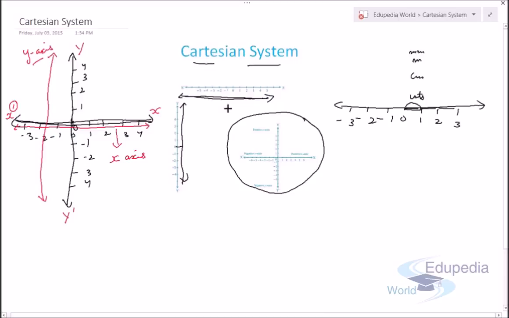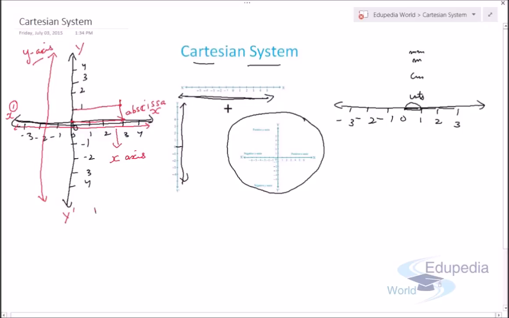Now suppose we have a point here, like this, and we draw a line perpendicular to the axis. When we measure the distance from this point to this point, it is known as the abscissa.